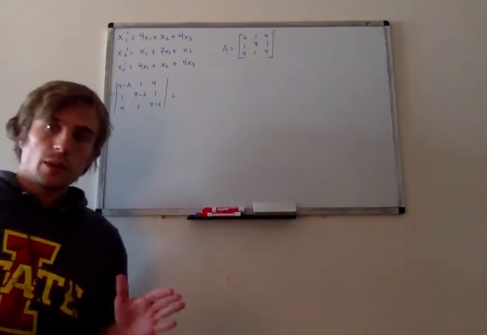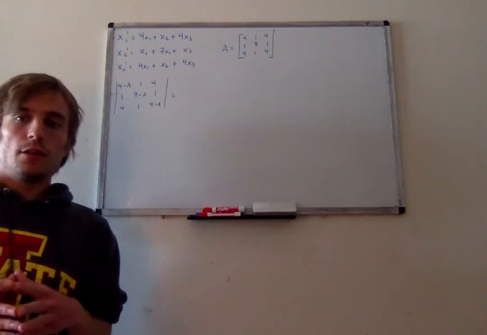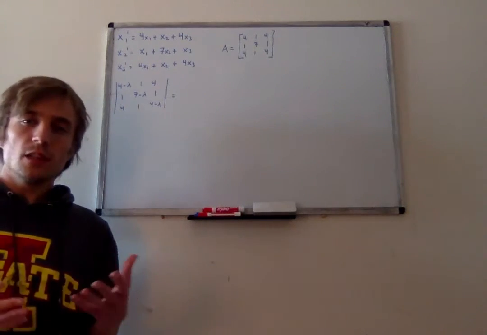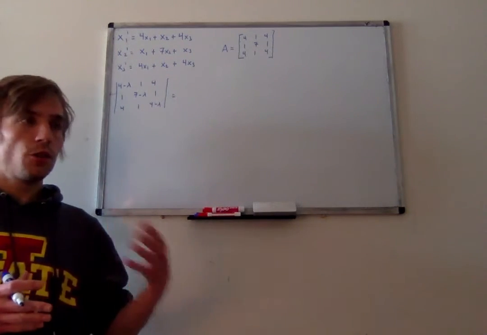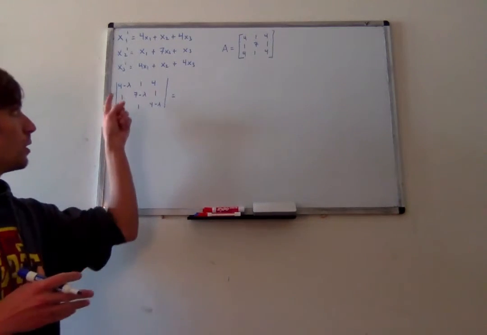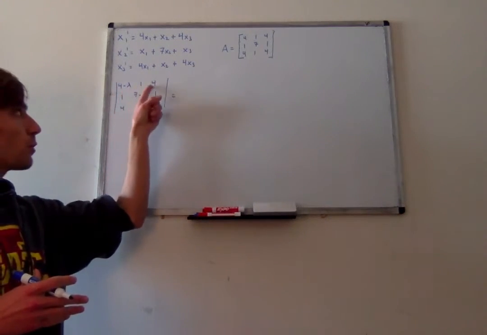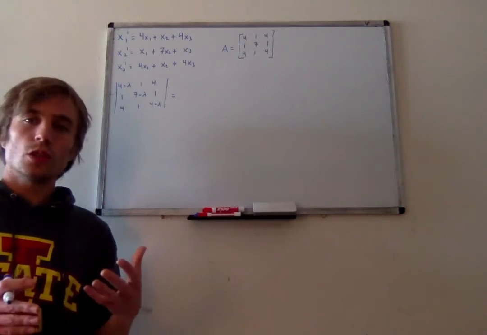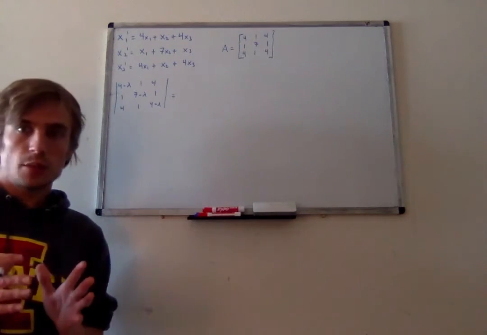There are many ways to calculate a 3x3 determinant. I'm going to do it the way that I tend to prefer, which is cofactor expansion. So I'm just going to expand across this first row, although you can do this with any row or any column, in the same process.